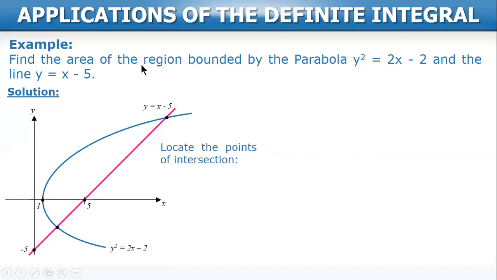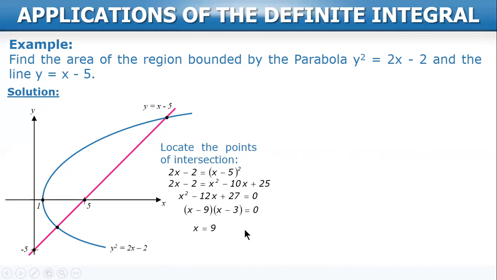So y squared: 2x minus 2 equals x minus 5 squared. And then you simplify and combine like terms, you have this. And then factor out and we get x equal to 9 and x equal to 3.